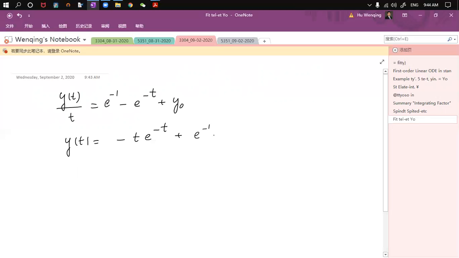Therefore, this is e power minus 1 plus y0 multiplied by t. That's the solution, a good family.